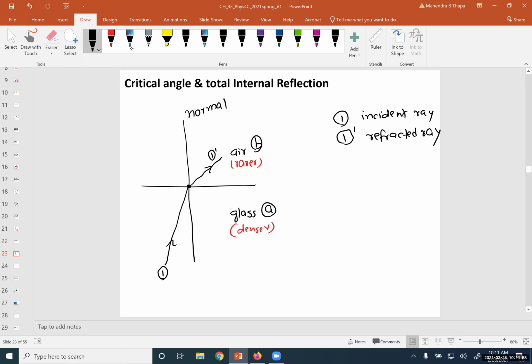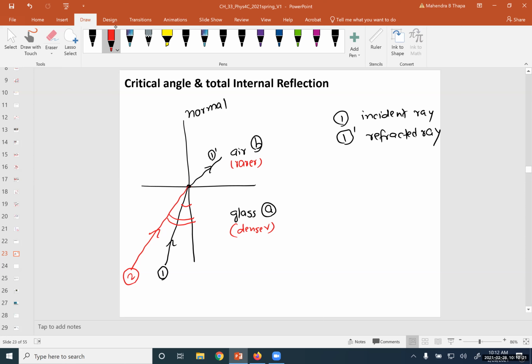When light travels from glass to air, if we keep increasing this angle, say now I'm increasing the angle of incidence, so now raised, if we keep increasing the angle, at some particular angle, what will happen?